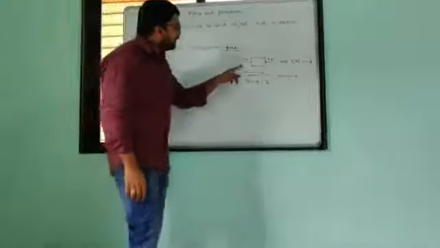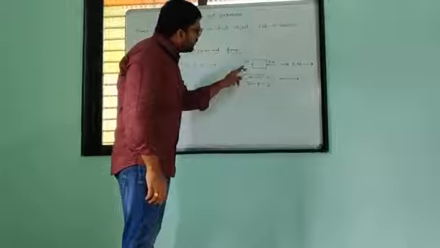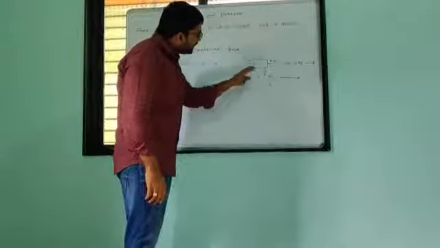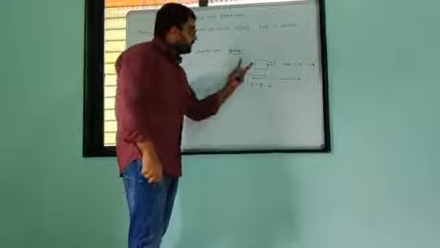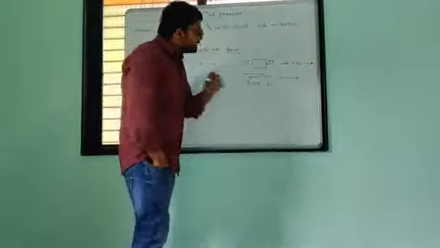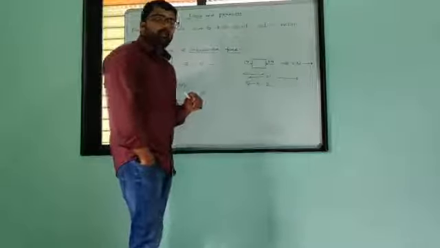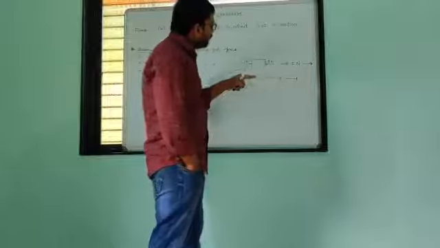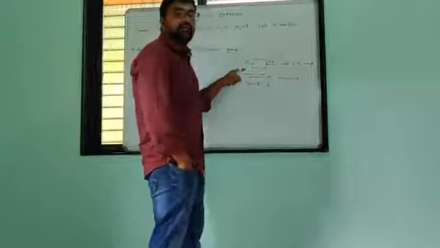And third, if two unequal forces act on an object on opposite sides, 5 and 7 being unequal forces, then their resultant force will be in the direction of the force having the greater value.